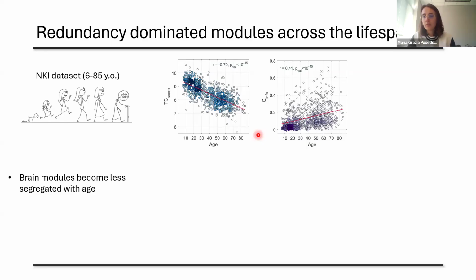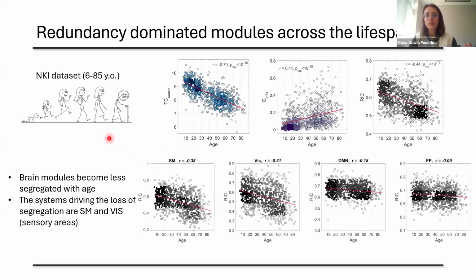We also computed the relative integration coefficient. And if we look at the average across all nodes, there is a decrease. So that also points to the same direction, to the fact that as we age, there's lower topological specialization. So there's a less segregated modular structure of the brain.